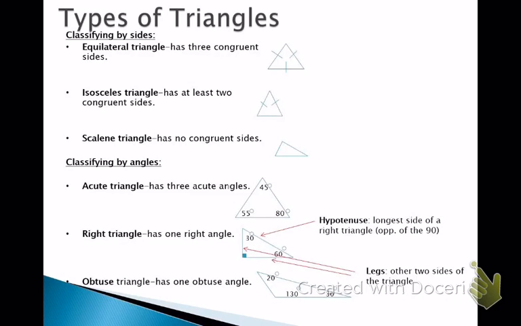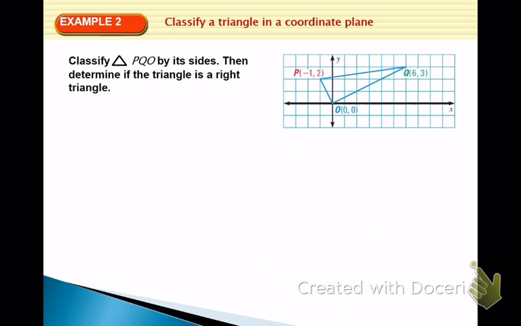And just like with our sides, you'd have to know which sides were congruent, if any, to try to classify by sides. And angles the same way. You'd have to know angle measures in order to try to classify a triangle by its angle measures. Now, if we have a triangle that we want to classify, but we don't have the side lengths, we can take that triangle and put it into a coordinate plane.